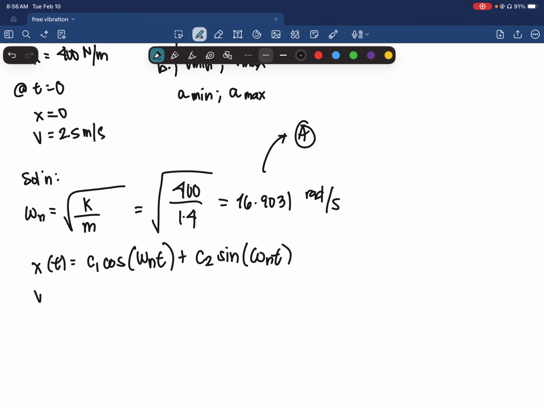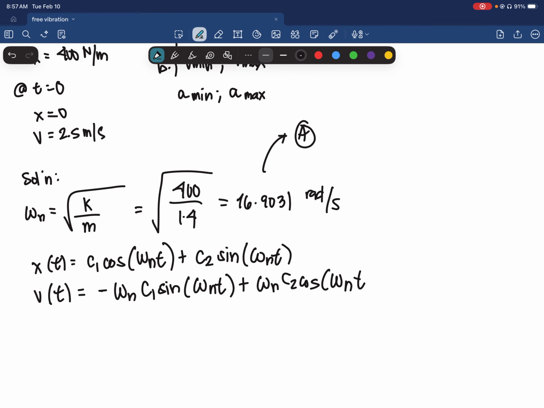Taking the first derivative, this will be negative, by the chain rule, omega n C1 sine omega n t plus omega n C2 cosine of omega n t. So, later we'll apply our boundary conditions to get our values. So, first, let's solve for C1 and C2 at time equals 0.